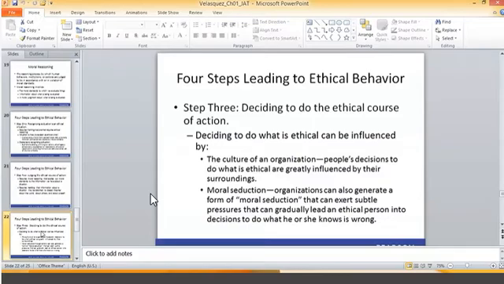Deciding to do what is ethical can be influenced by the culture of the organization. People's decisions to do what is ethical are greatly influenced by their surroundings. Go back to our example just now, accepting gifts. It's okay to accept gifts only during certain periods.